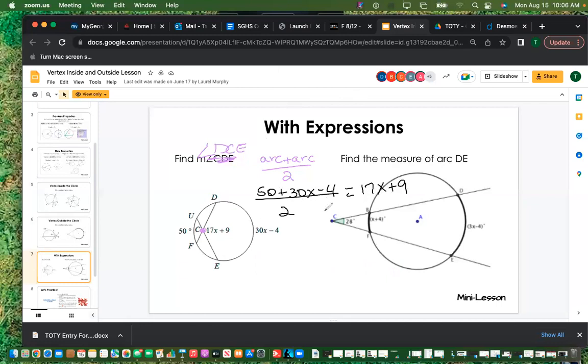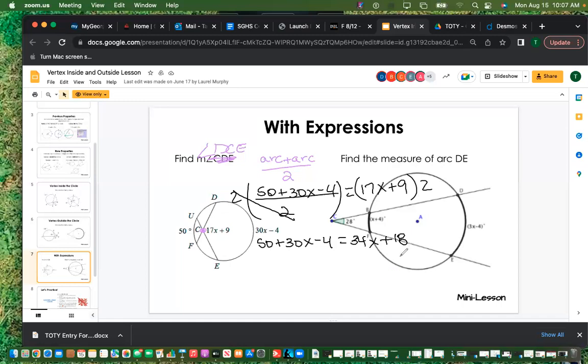In order to solve for x, the first thing you're going to do is multiply by 2. That cancels this out. I get 50 plus 30x minus 4. On this side, what's 17 times 2? 34x, and then 9 times 2, which is 18.